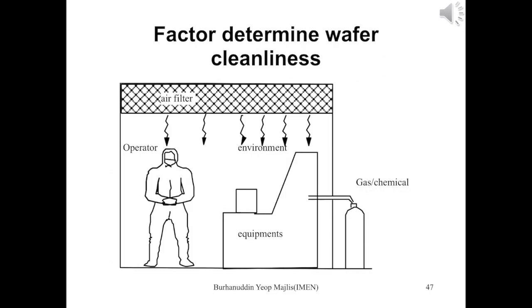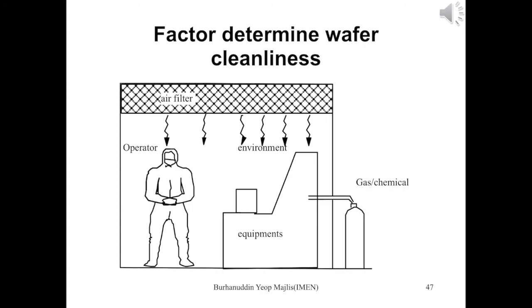Factors that determine wafer cleanliness. As already discussed previously, the sources of contamination, but the four factors here determine your wafer cleanliness. One is the operator, who is already inside the clean room. So the operator, the environment which is the clean room, the equipment, and also the chemicals or gases that you use.